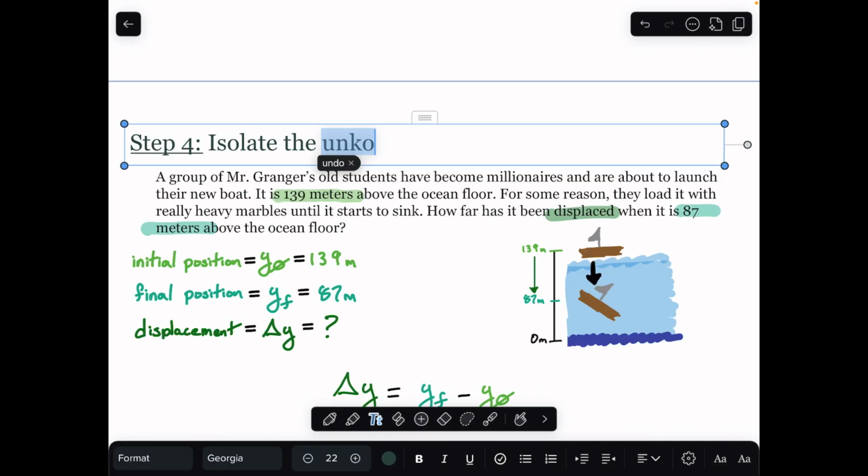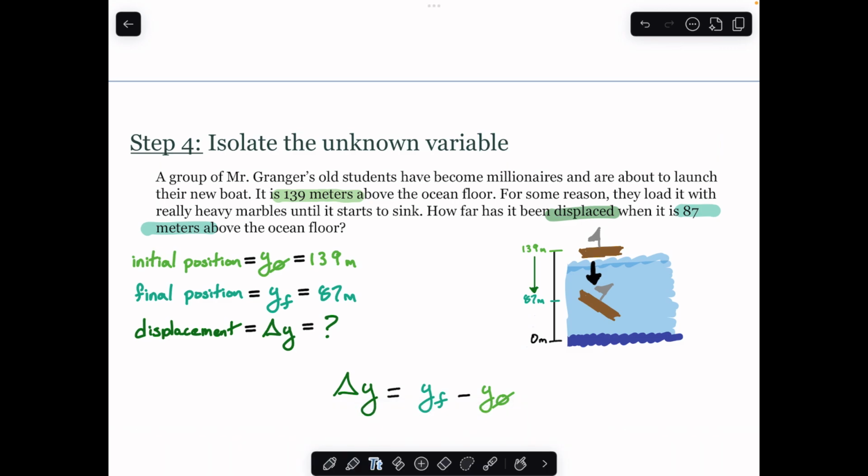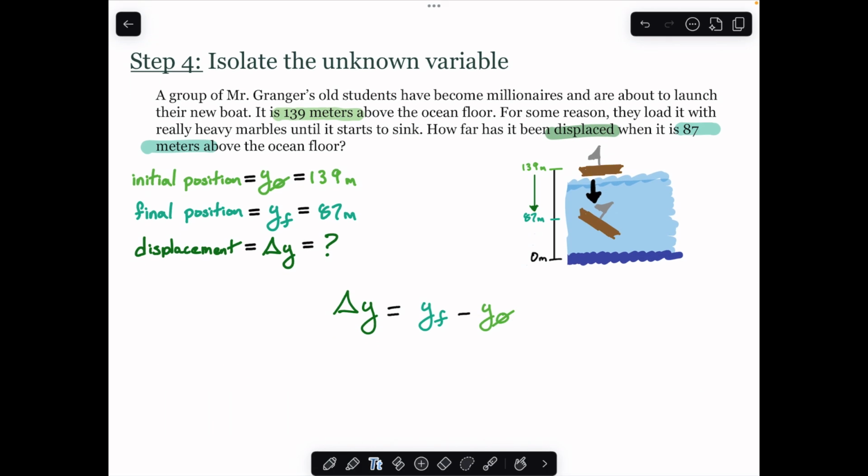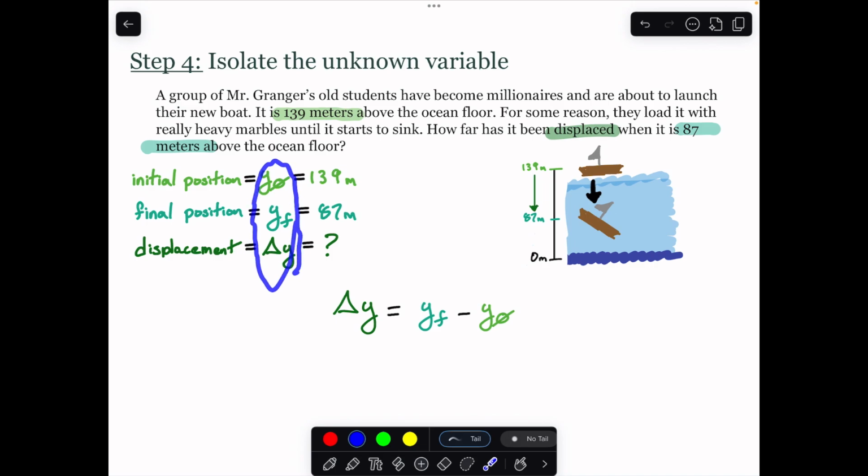Isolate the unknown variable. What does that mean? These are our variables. This is the one we don't know. That makes it the unknown variable. We want the unknown variable isolated on its own side of the equation.